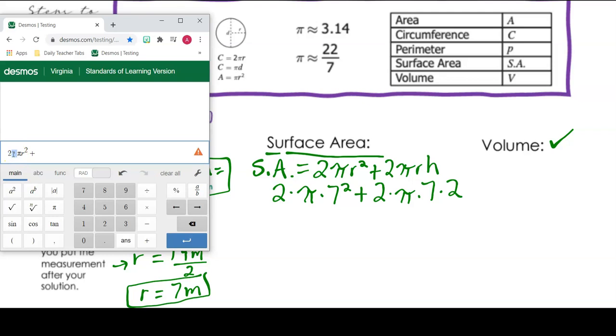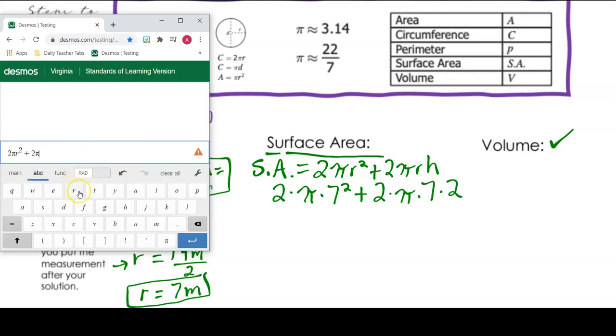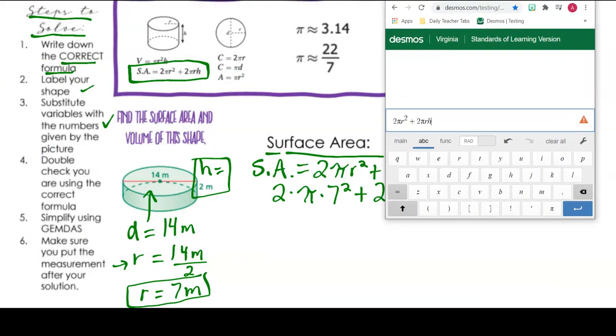It's not going to hurt, but I don't need it because it means to multiply, whether it's there or not, times 2 pi r h. Okay, so again, you might choose to put the variables in first, it doesn't matter. So I did not this time.